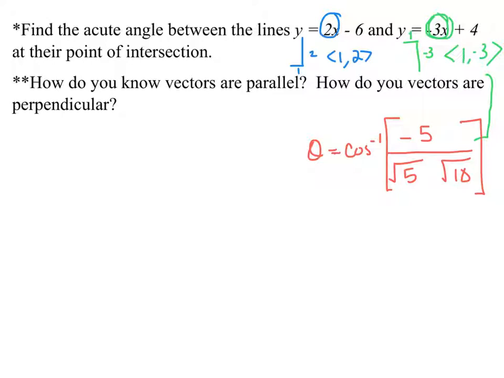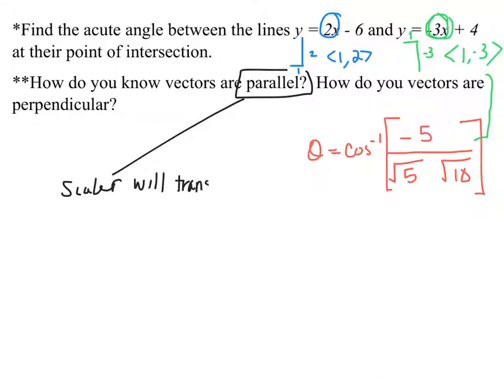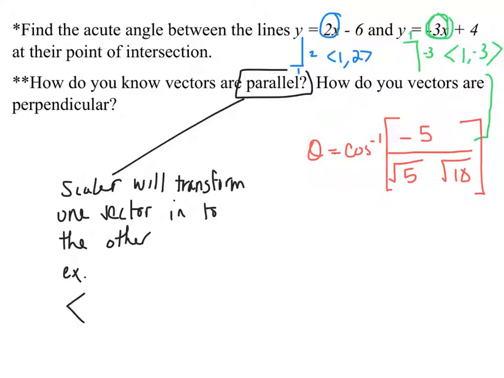Finally, how do you know that two vectors are parallel to one another? Well, parallel means a scalar multiplier will transform one into the other. For example, the vector 2, 1, 3.